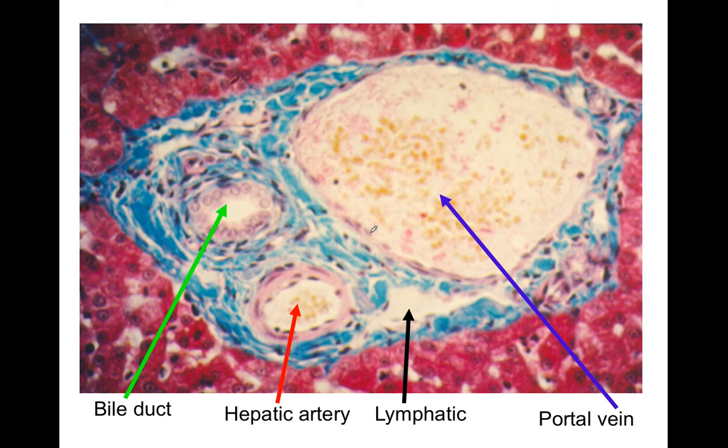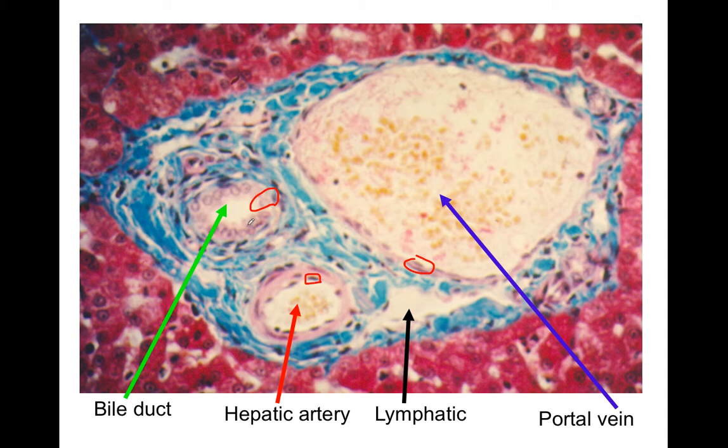As we know, vessels usually have simple squamous epithelium, whereas this one here has cuboidal epithelium. So this one here we have the portal vein, this is the hepatic artery, and this is the bile duct, and we differentiate between them depending on the lining epithelium.